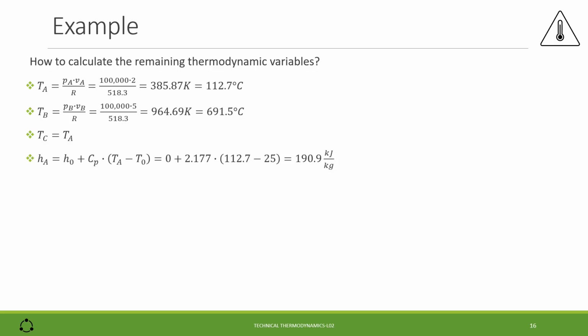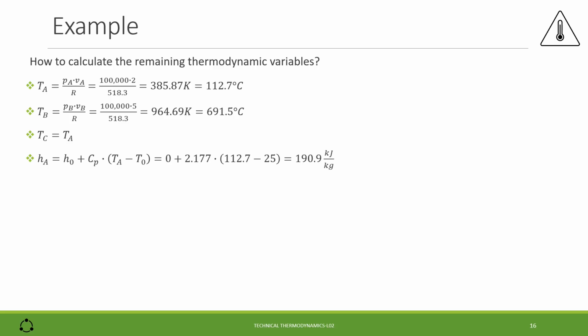The enthalpy at state A is equal to the enthalpy at reference state plus Cp into delta temperature, 0 plus 2.177 into the difference of the temperature at state A, 112.7, and the reference temperature, that is 25 degrees.